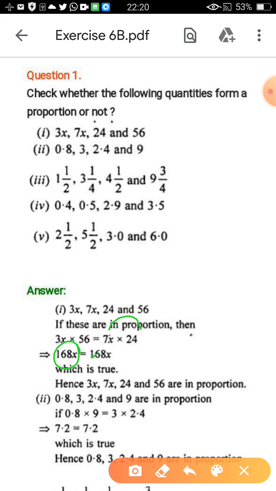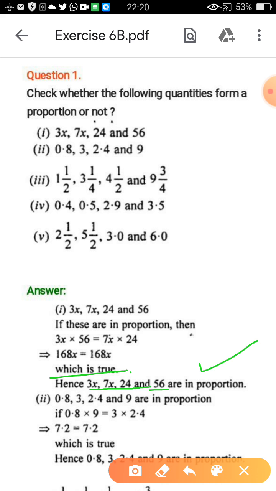So we got both sides equal: 168x is equal to 168x, which is true. Hence 3x, 7x, 24 and 56 are in proportion.